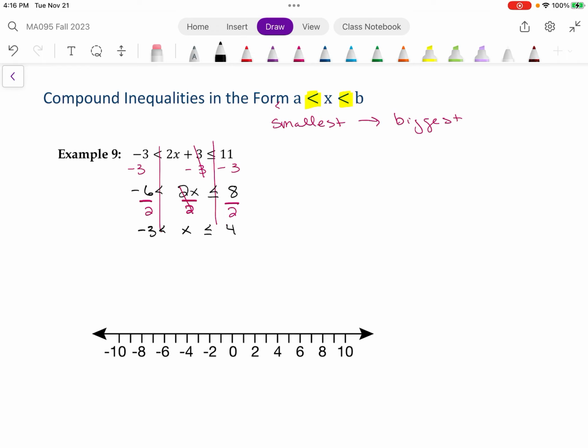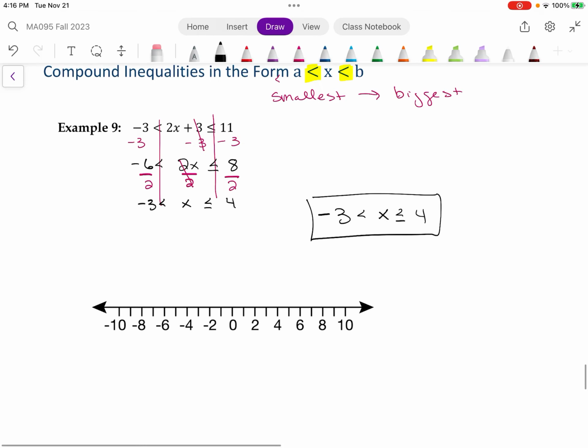Look at that. All right, so we would write that again as negative 3 less than x less than or equal to 4. All right, so that's inequality notation. Now we would put that onto our number line as going from negative 3, open, and up to 4, closed, and x lies everywhere in between.